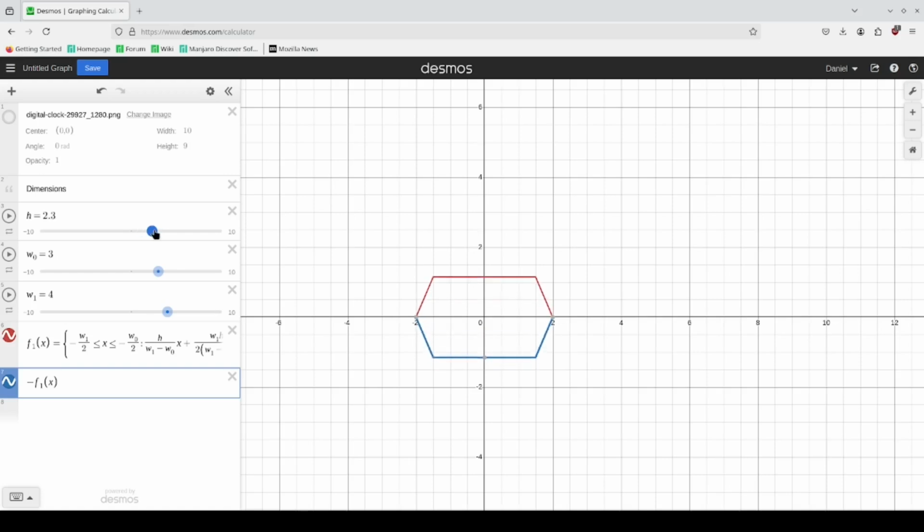Make it bigger, well, it widens. And W0 is the width of the flat lines you see at the top and bottom, and so to make it smaller, that's what it affects. And the W1 is the width of the larger line. So if you grow it, it gets wider. But in the case where W1 becomes less than W0, it will actually end up not showing up.